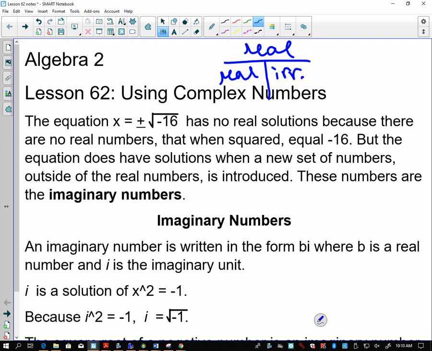Okay, and then under real numbers, we get into things like natural numbers, whole numbers, integers, right? Those types of things, correct? All right, and under irrational, we have things like pi and the square root of 2. What we're so used to is working predominantly within the real number sector, but what we sometimes forget is, what is the opposite of real?